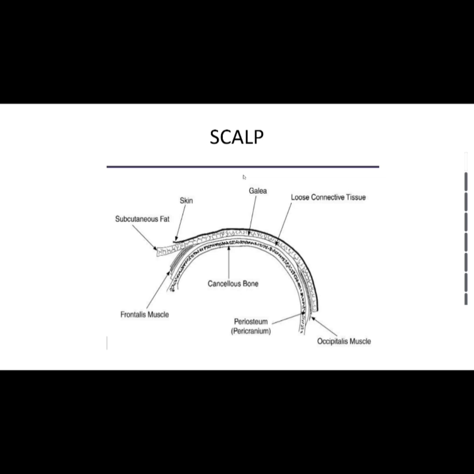Then you have the inner table. So the skull bone has the outer table, the inner table, and inside there the cancellous bone that is occupied mostly by bone marrow. Remember, the skull bone is a flat bone. So generally in an adult, it will still have red bone marrow that is still able to generate red blood cells.